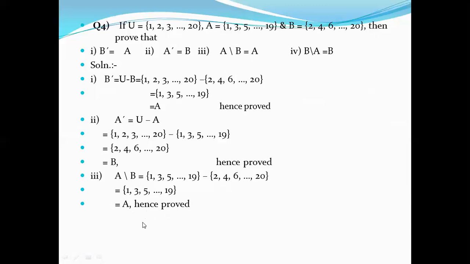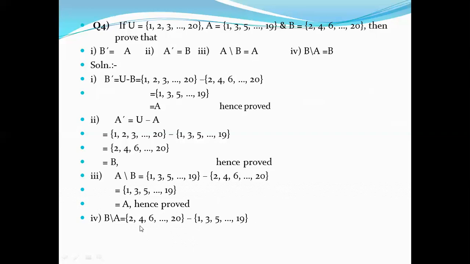Now come to the fourth part. The fourth part is the same as part 3, but here you are given B minus A. So you should follow the order which is given in the question. Here for A minus B, you write first A, then the minus sign, and then set B. Here you are given B minus A, so you should write set B first, then the minus sign, and then A. So set B is the set of even numbers minus the set of odd numbers.